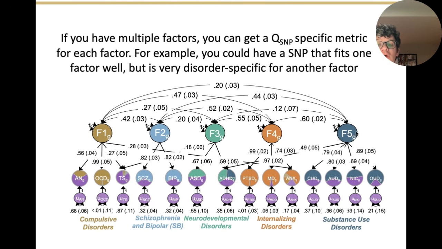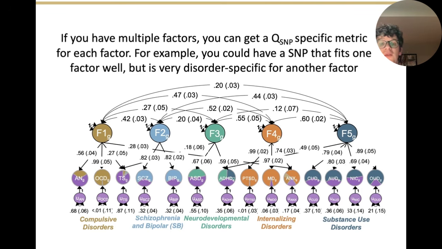So for example, you get genes in the nicotine receptor pathways that are significant for this substance use disorders factor, which makes sense. The nicotine pathways are not capturing the shared risk pathways across substance use disorders. They are specific to nicotine. And so the fact that it's showing up as QSNP significant is really just kind of illustration that this metric is working as intended.